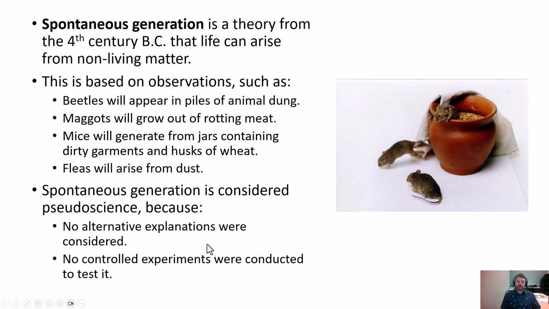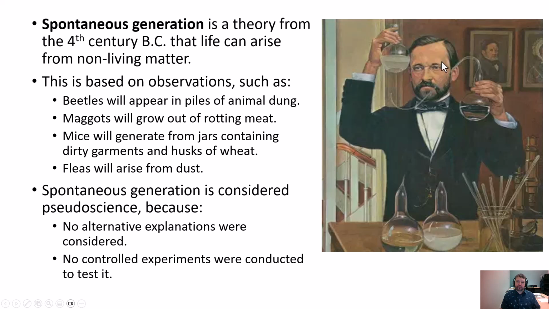And one of the big ones that came from Louis Pasteur's work is part of what we call the germ theory, or the germ theory of disease. How do diseases happen? How do people get sick? And Louis Pasteur was not going to accept spontaneous generation. He was a scientist.